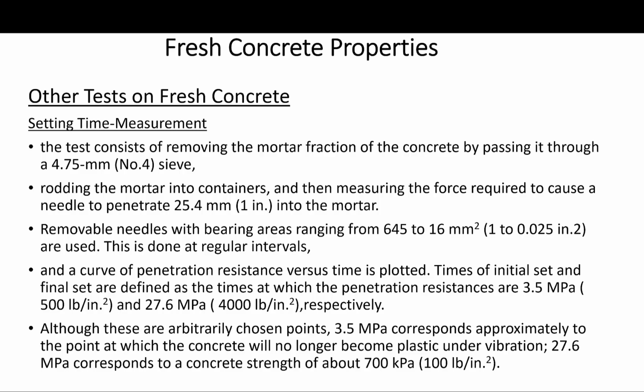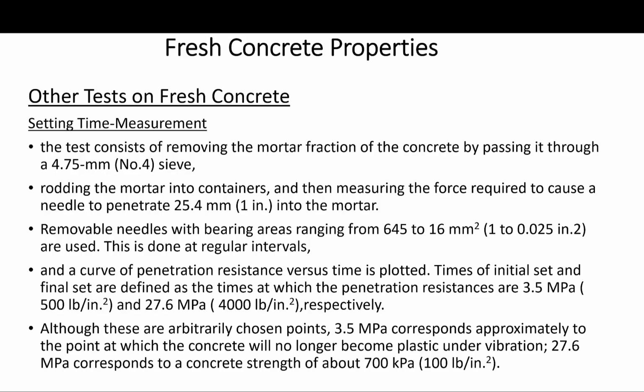So to describe this method briefly, the test consists of removing the mortar fraction of the concrete by passing it through a 4.75 millimeter, number 4 sieve, rodding the mortar into containers, and then measuring the force required to cause a needle to penetrate 25.4 millimeters, 1 inch, into the mortar.